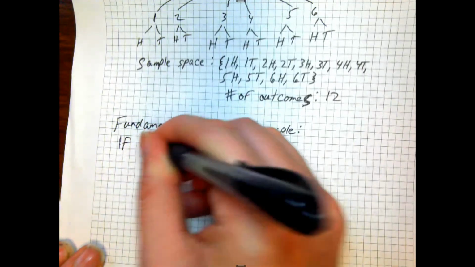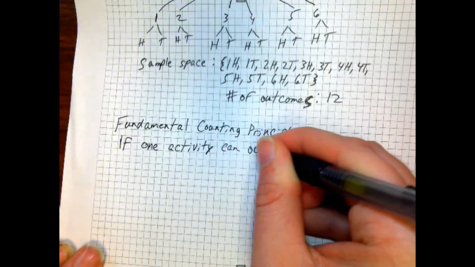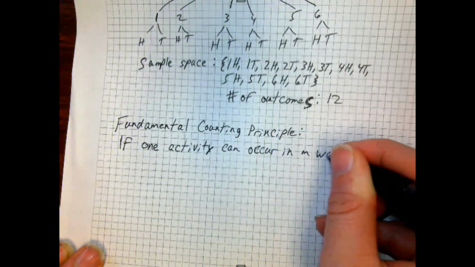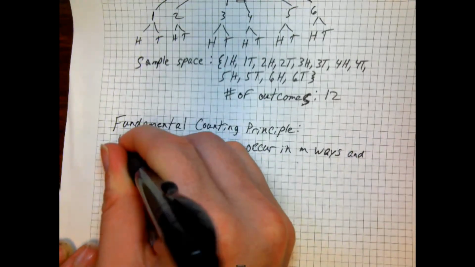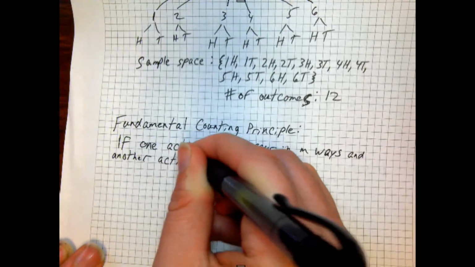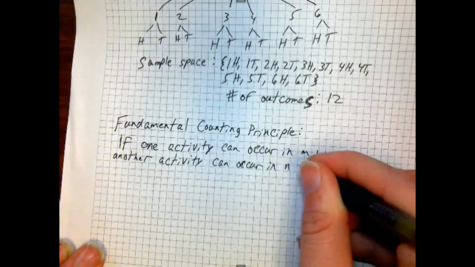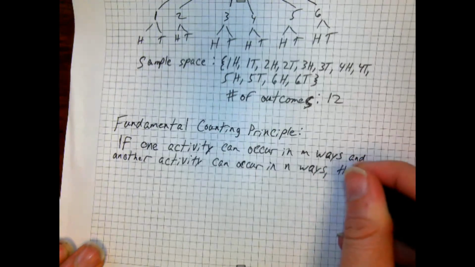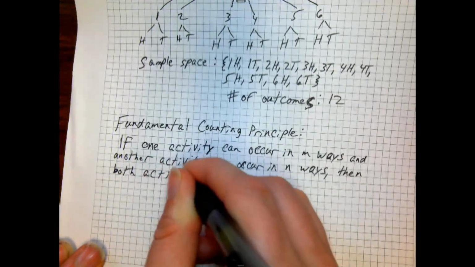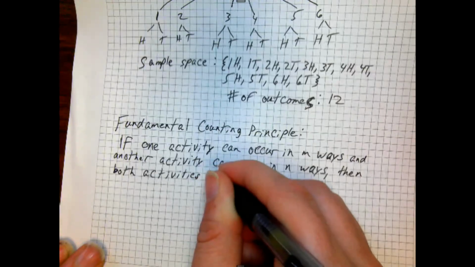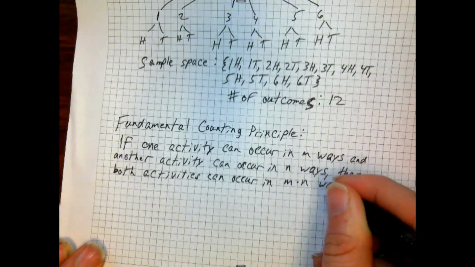If one activity can occur in m ways, and another activity can occur in n ways, then both activities can occur in m times n ways.